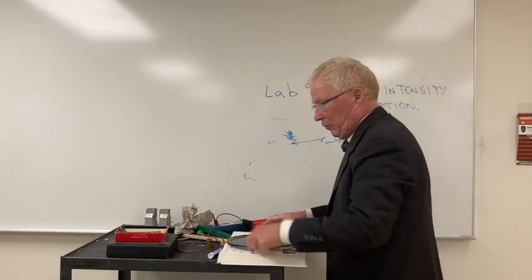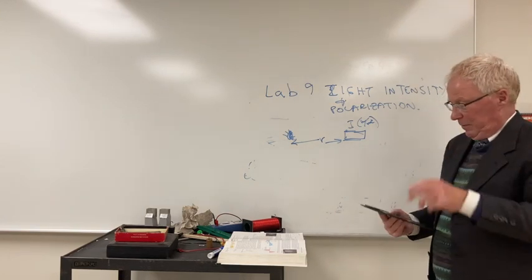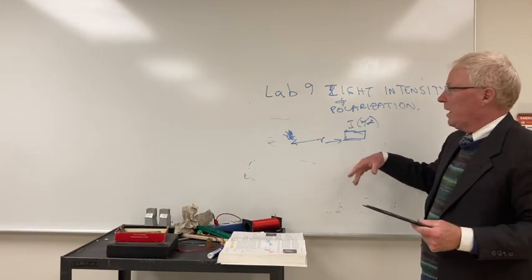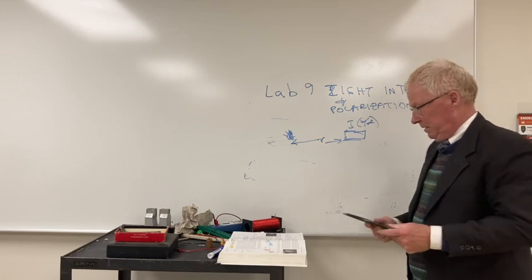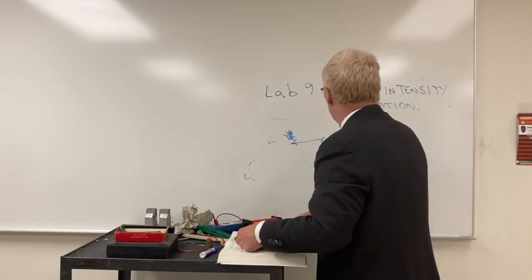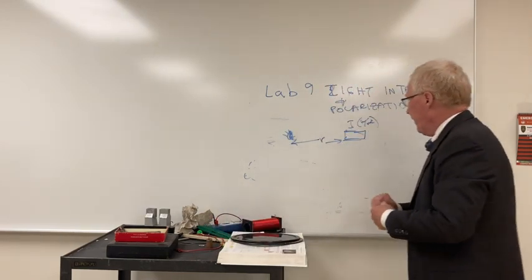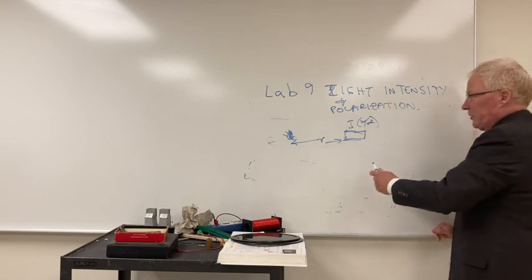I'll go through the whole data, taking the data for the lab, but this is the first part and how this actually varies. The second part is on polarization, which I talked about. Remember, light is a transverse wave.